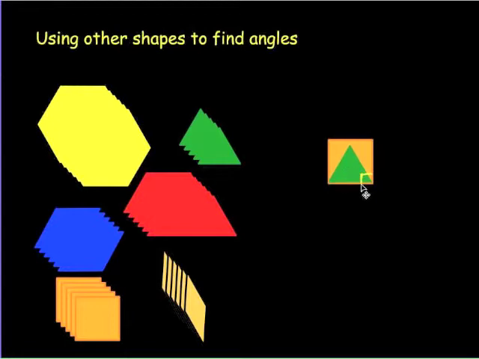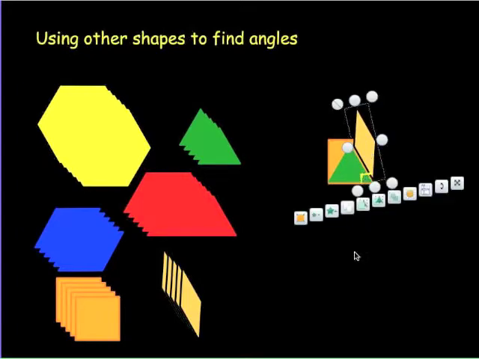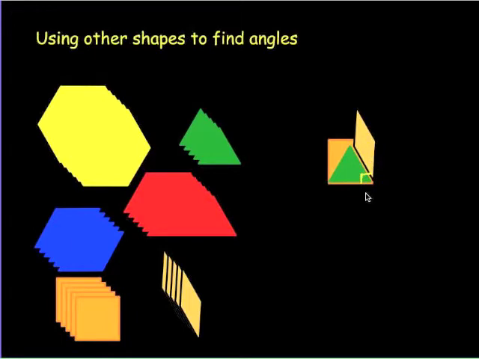Now what could I put here that would help us figure out the angles of all the rest of these shapes? It looks like if I grab this one and put it there, this rhombus, that rhombus fills in the rest of that square.